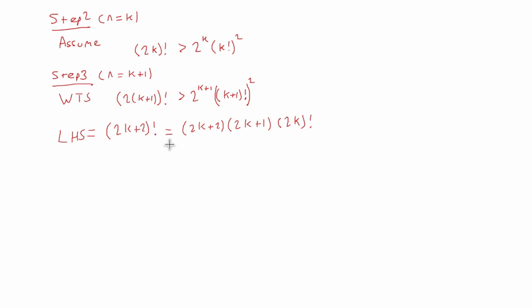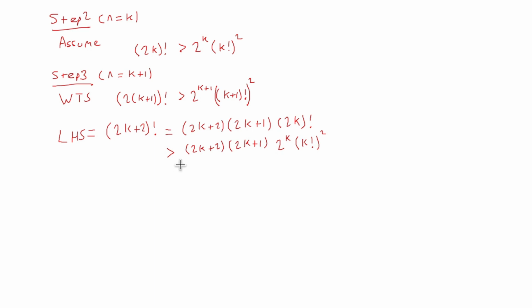And what I'm going to notice is that this 2k factorial is part of my assumption. So what I know is this thing is definitely bigger than 2k plus 2 times 2k plus 1 times 2 to the k times k factorial squared. Notice these are not equal. This one is bigger than this one. So we don't have an equality going all the way through this. We have an inequality, but we now know that this left-hand side is bigger than this.